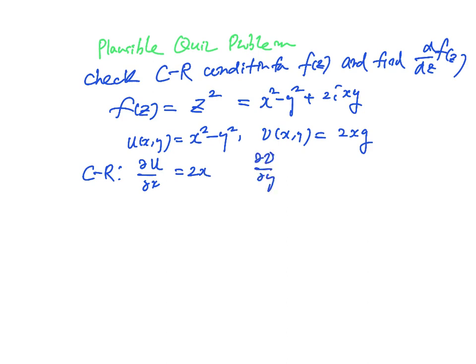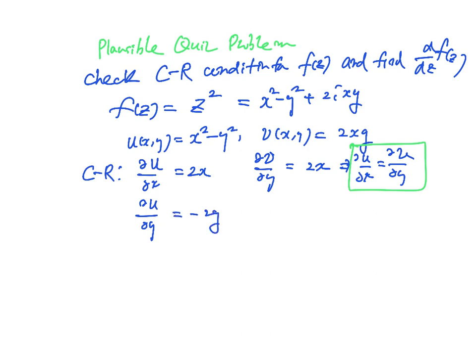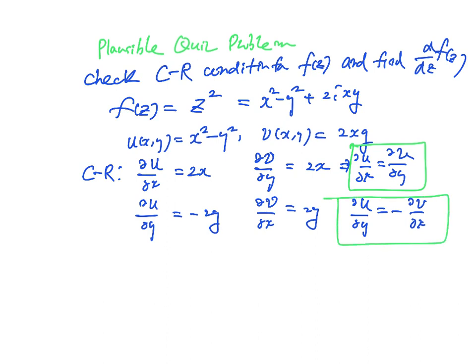Partial y partial v is 2x, right? So partial x partial u is partial y partial v. So we have one condition satisfied. How about partial y partial u? Minus 2y, right? Partial x partial v, 2y. So partial y partial u is minus partial x partial v. This is the second Cauchy-Riemann condition, right?